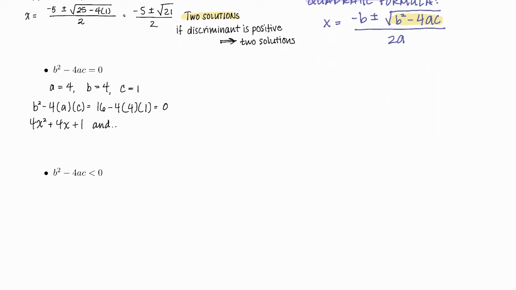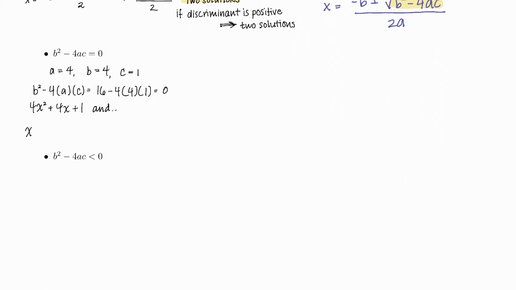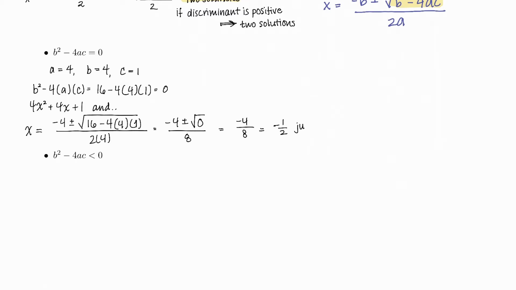And when we plug this into the quadratic formula, we get that x is equal to negative 4 plus or minus the square root of 16 minus 4 times 1, all over 2 times 4, which is negative 4 plus or minus the square root of 0 over 8, which is just negative 4 over 8, and we can simplify that to negative 1/2. So we just have one solution.